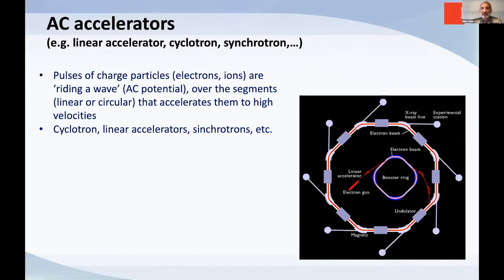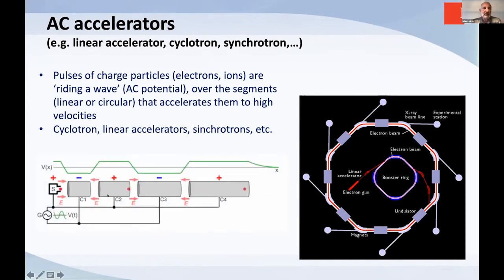Or you have a linear accelerator, which can sometimes be even 100 meters long, that accelerates electrons or ions in the same way, riding a wave of potential along the tubes. As the particles get faster, these cylinders get longer. With this kind of linear accelerator, it's easy to reach something about 100 mega electron volts.